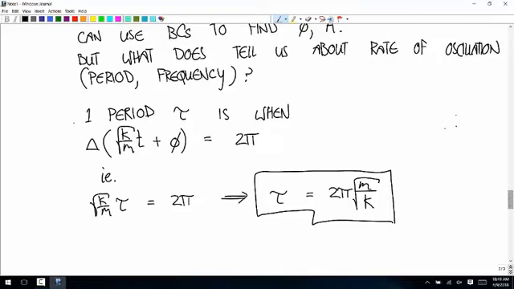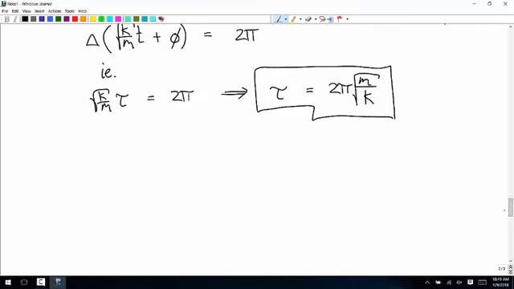The frequency, so the period is how many seconds per oscillation. Frequency is how many oscillations per second. So the frequency f is just equal to 1 over the period. And so the frequency is just equal to 1 over 2 pi times the square root of k over m.